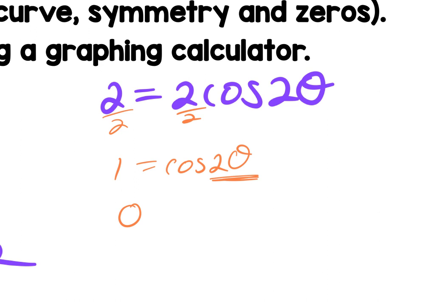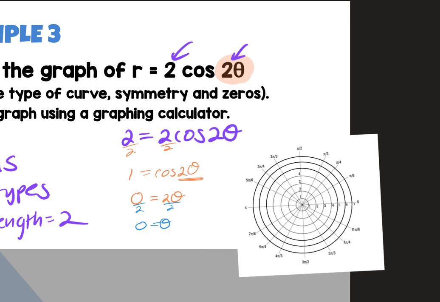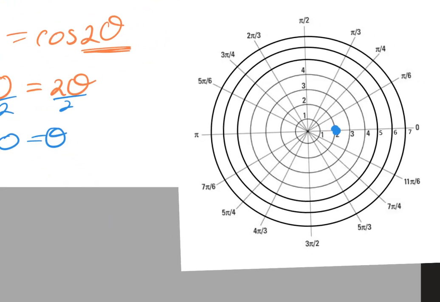So it happens at 0. But instead of it just being theta, it is 2 theta. With 0, it doesn't matter. But if that said pi, it would matter, right? If I divide both sides by 2, I get theta equals 0. So that tells me that one of my petals is at 0. So my petal goes like this.